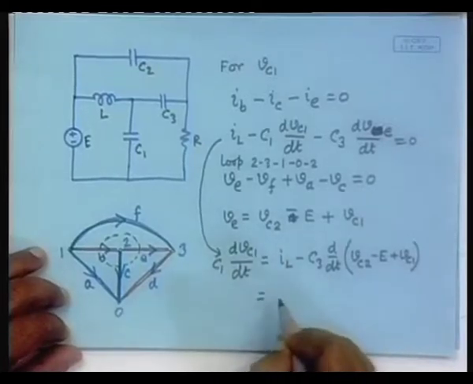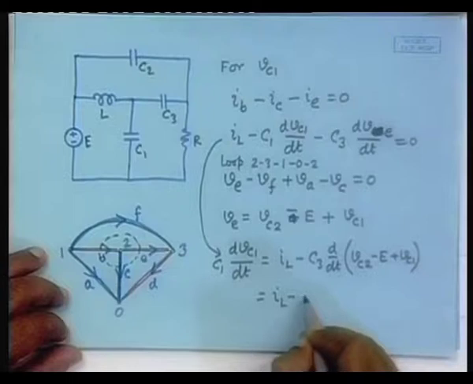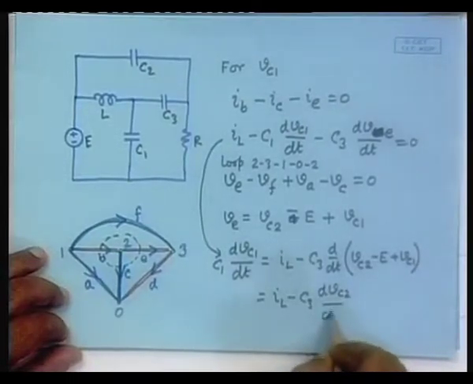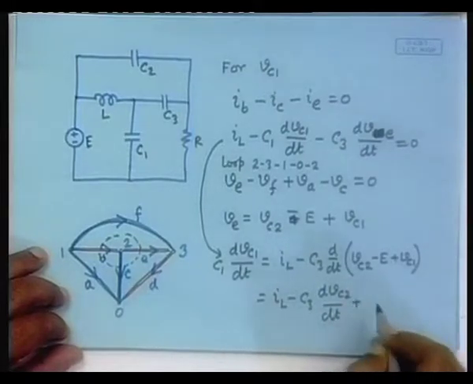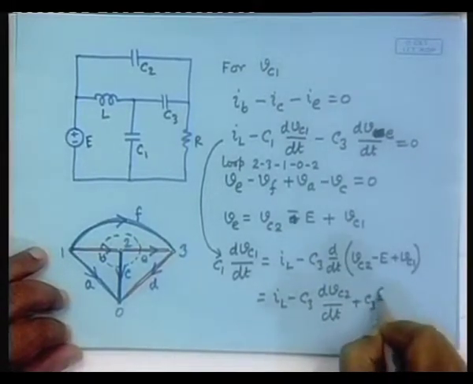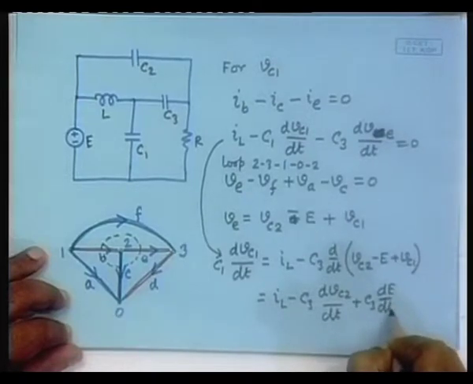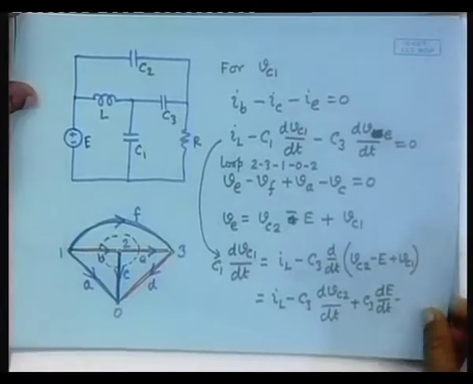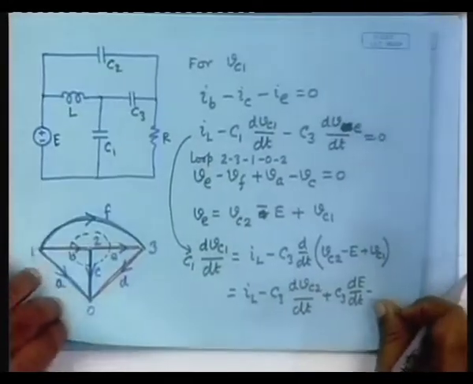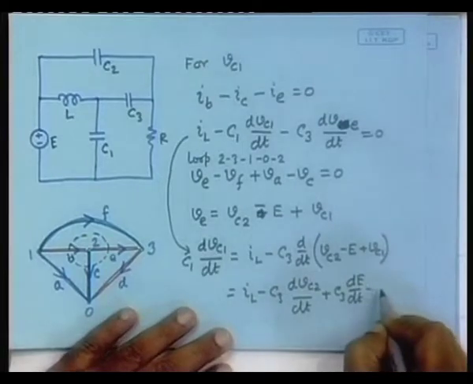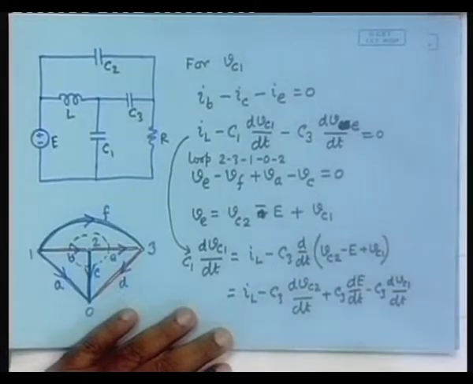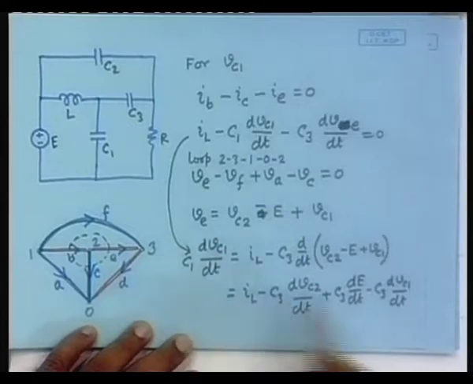Well, expanded: IL minus C3 dVC2/dt plus C3 dE/dt minus, is it going out? Let us take it like this here, C3 dVC1/dt. VC1 is appearing in the left hand side as well as in the right hand side.